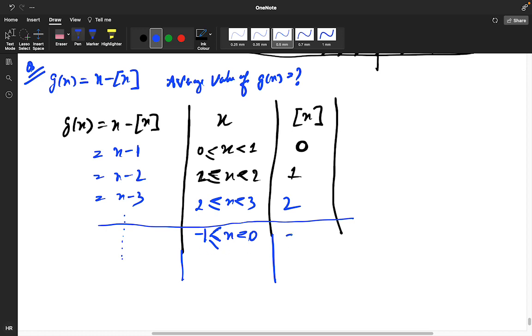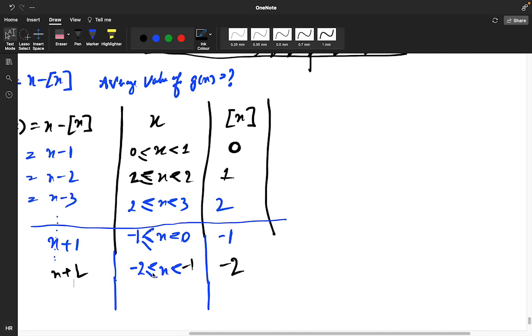Then this equation will become x plus 1. From minus 2 to minus 1, the greatest integer is minus 2, so it is x plus 2.